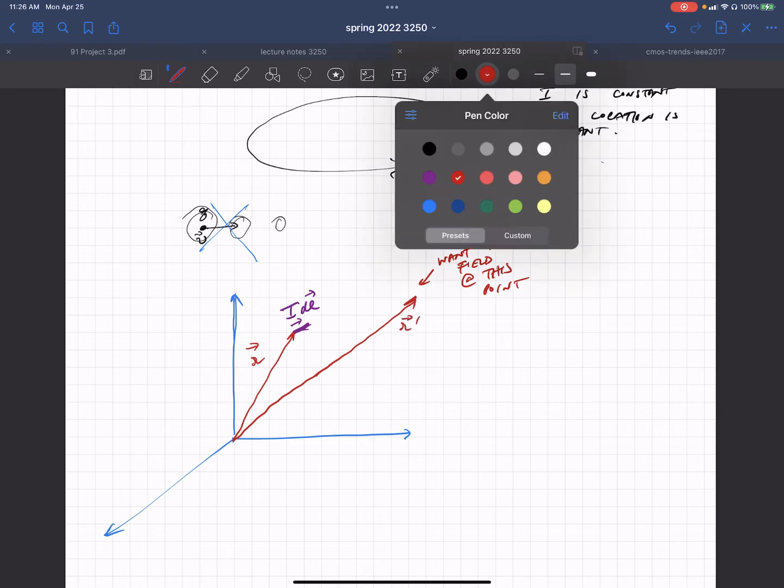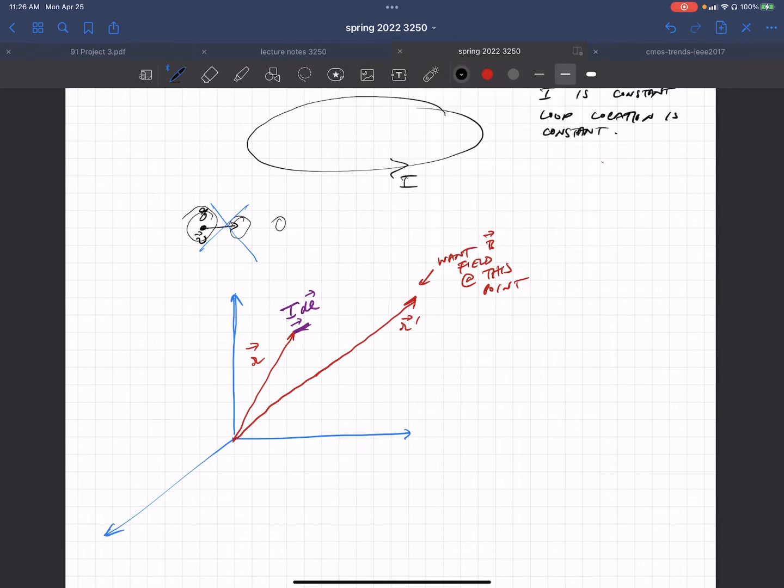Then by definition, the difference between these two vectors is going to be r minus r prime.